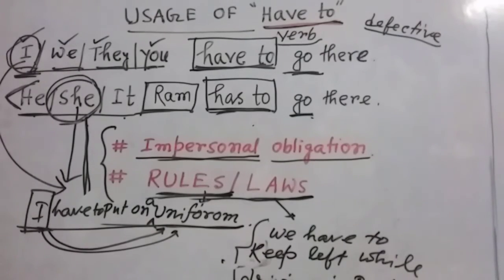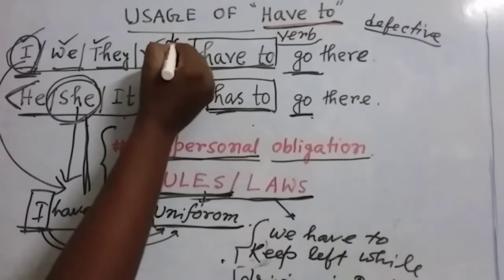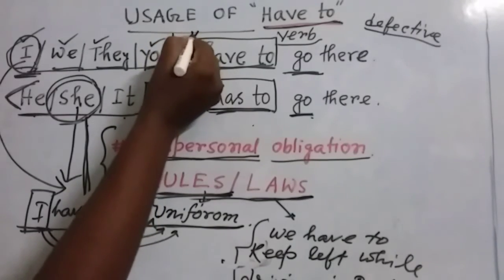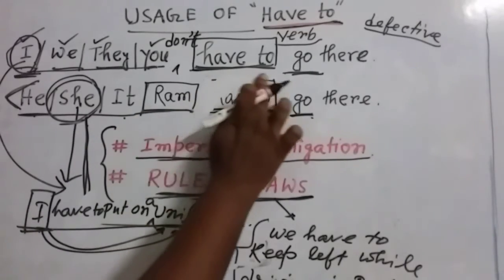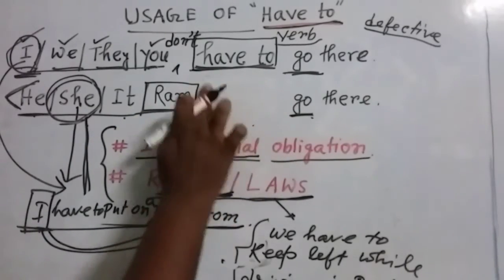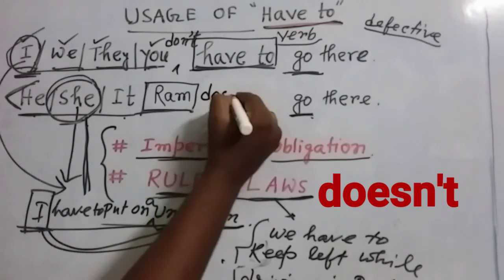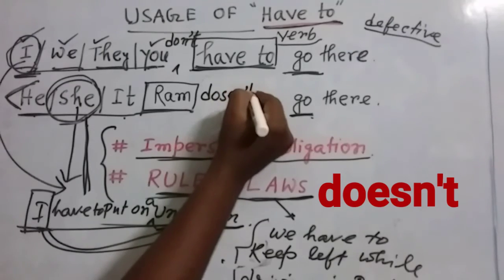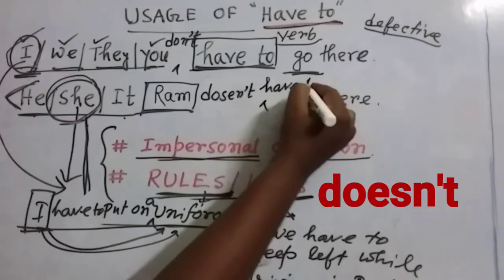But the fact is that if you want to change it into negative, you have to be very serious about one thing. That is, here we have to add don't or do not. Don't have to, and here we cannot write doesn't, then have to, not has to.